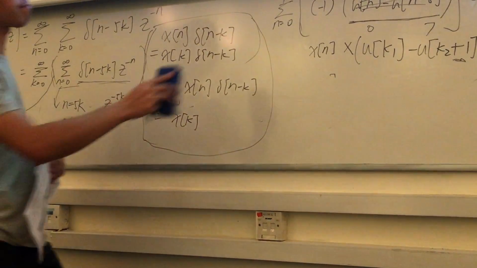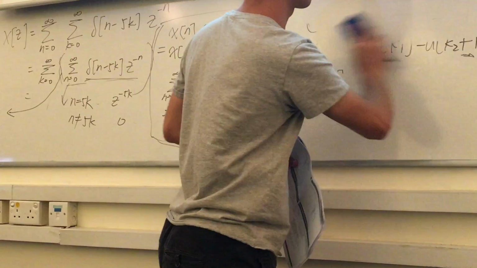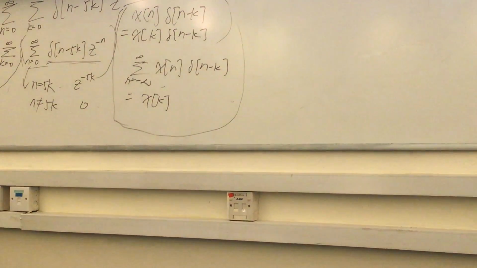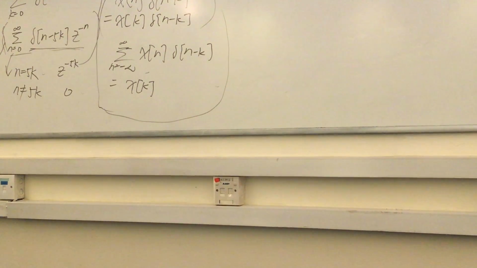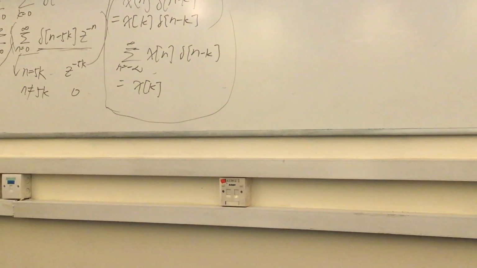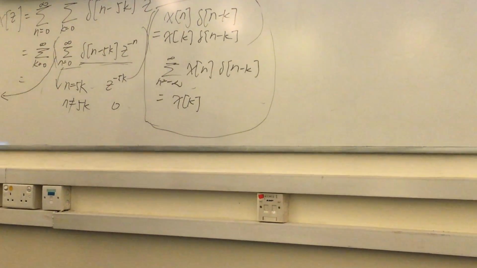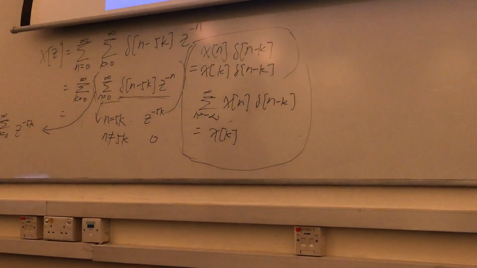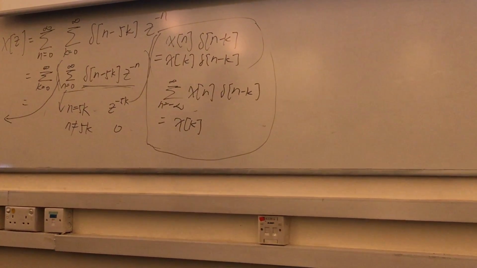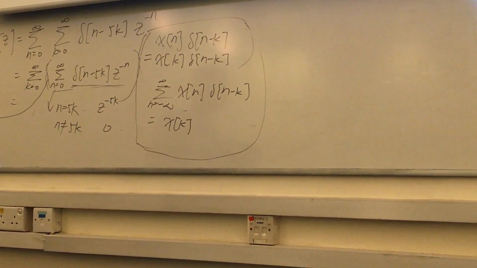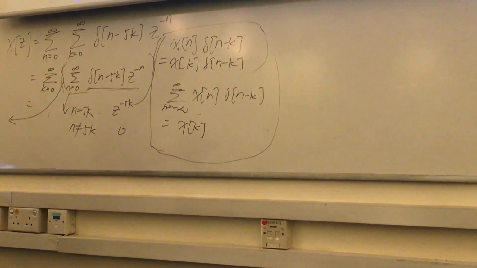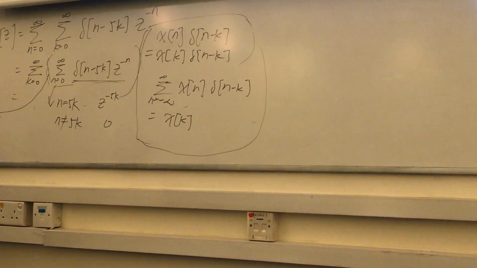All right. So problem one, you calculate the Z transform using two methods. One is to represent x[n] as a combination of impulse signals, and the other one is a combination of step signals. So the first one is very easy.